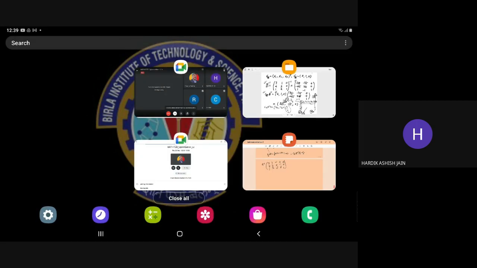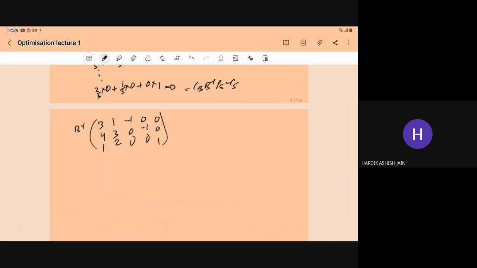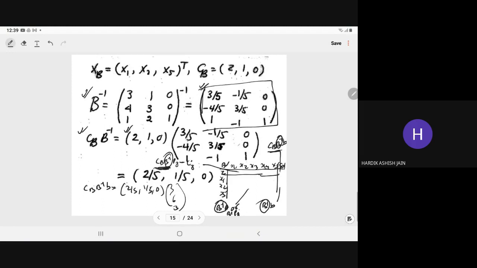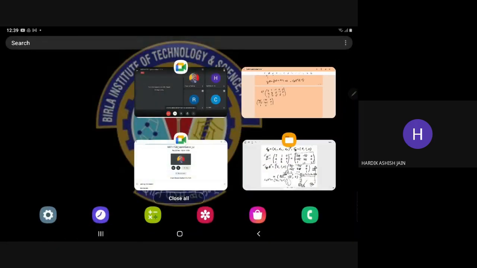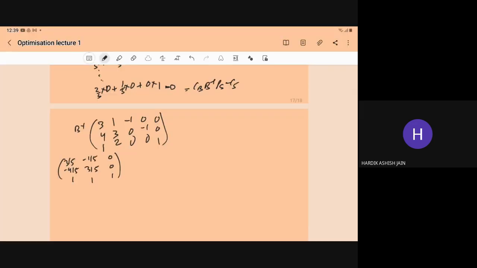Can you remember this B inverse? The first column is 3 by 5, minus 4 by 5, 1. Then we have minus 1 by 5, 3 by 5, minus 1. Then 0, 0, 1.